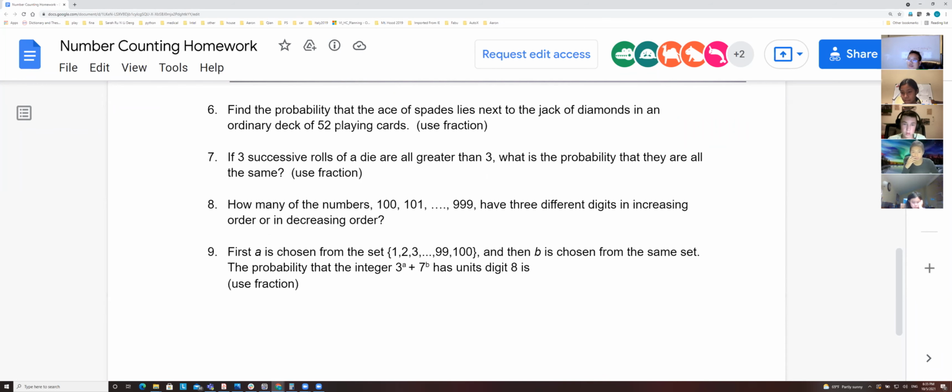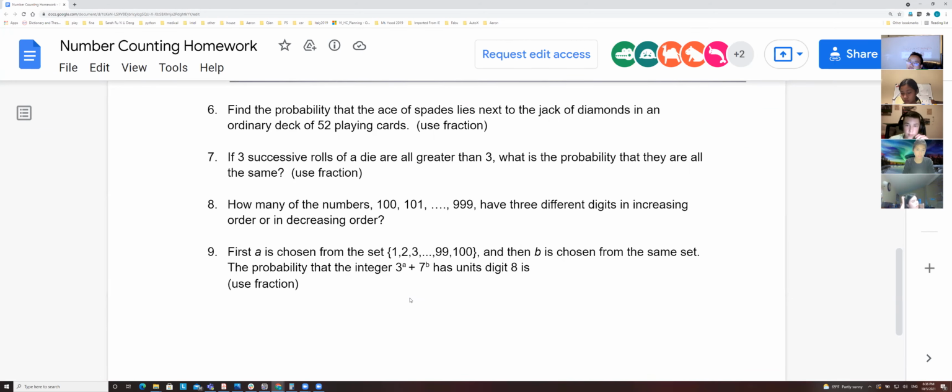Yeah. There's only 2 possibilities of where the jack of diamonds and the ace of spades are next to each other. It's if it's on top, and if it's on the bottom. So it's only 2 out of a total of 52 cards.